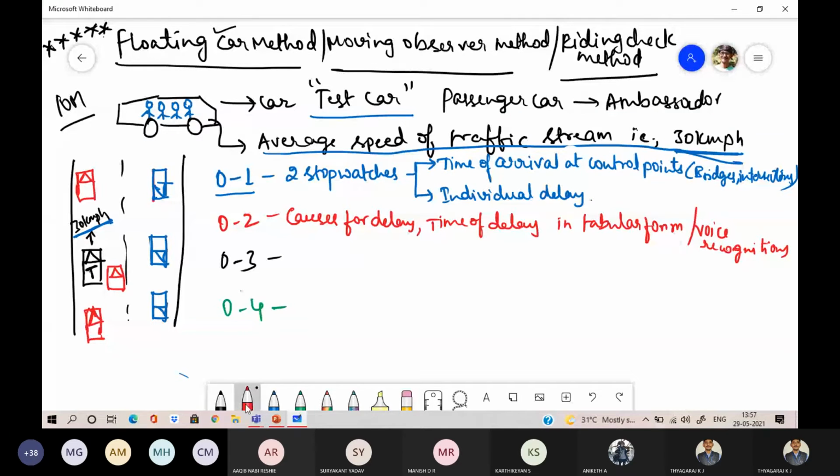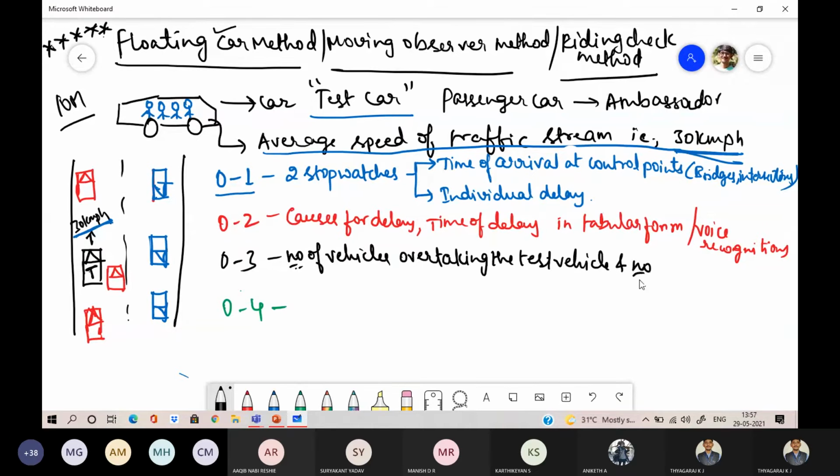Then observer 3, his main function is to note down the number of vehicles overtaking the test vehicle and the number of vehicles overtaken by the test vehicle.